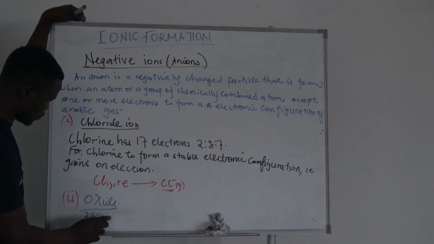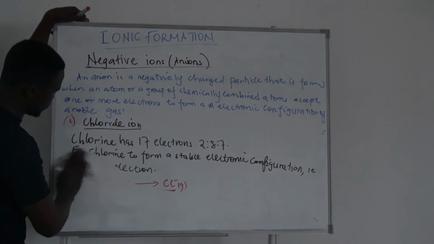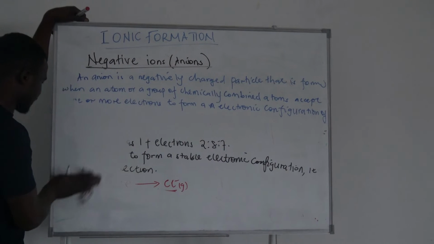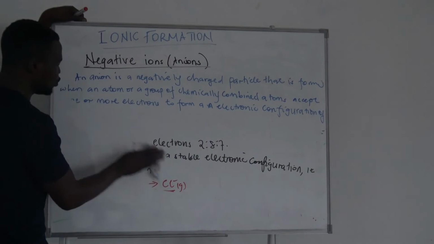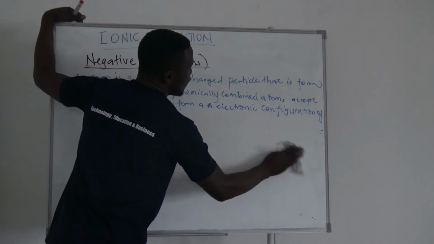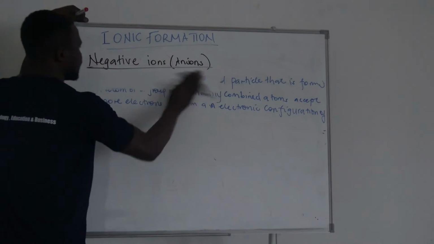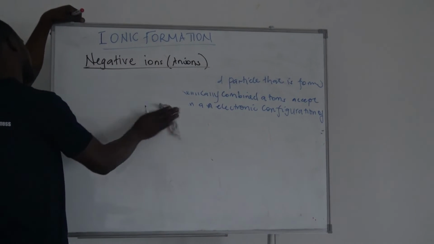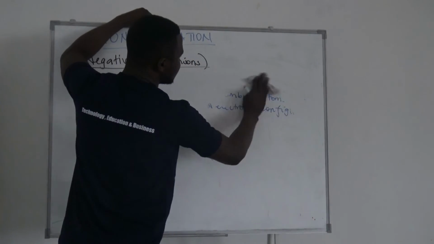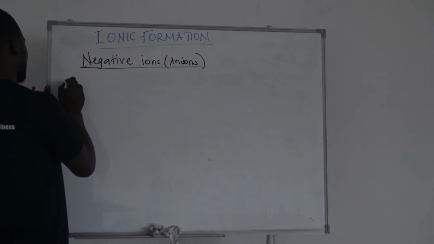Therefore, it is lacking 2 electrons. If it is lacking 2 electrons, it means that it is going to accept 2 electrons to form a stable electronic configuration. Now, how does it achieve that? It only achieves that if it accepts or gains electrons.